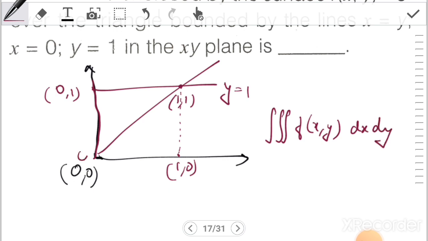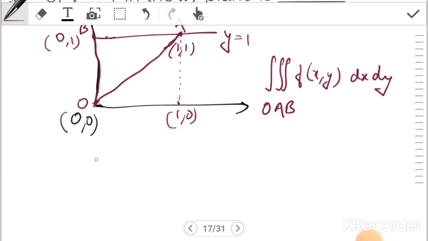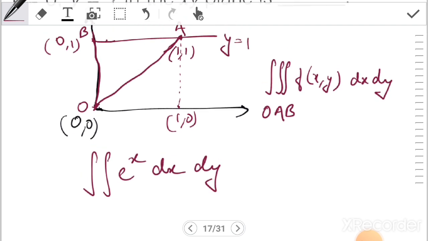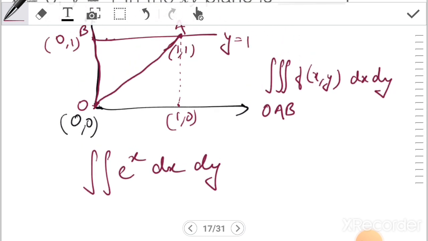If this is O, this is A and this is B. We are interested in OAB, so which is the double integral of e raised to the power x dx dy, because this is confined in the xy plane. So now you can choose either a horizontal strip or a vertical strip. In a horizontal strip y is constant, in a vertical strip x is constant.